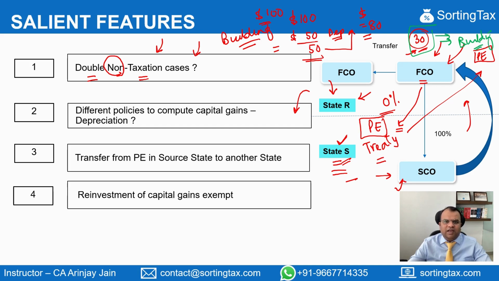In such a case, the tax actually paid in the source state might be 0. Now, how will the capital gain be calculated here? It might again become a question of debate. In such cases, the companies can either agree in the treaty itself as to how these cases will be dealt with. If not, then the domestic tax laws of the state R may apply to tax such capital gains.